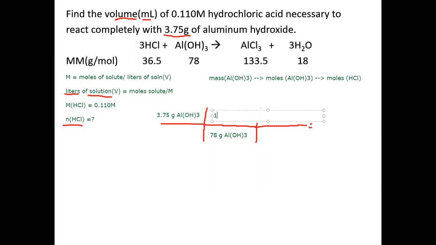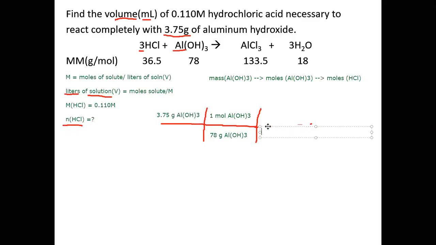Now we have moles of aluminum hydroxide. Now we look at the ratio between aluminum hydroxide and hydrochloric acid. 3 moles of HCl is needed for every 1 mole of aluminum hydroxide. So it's going to be a 3-to-1 ratio.